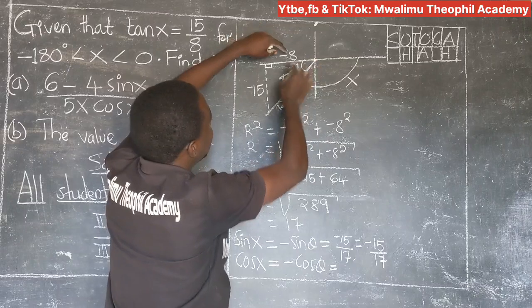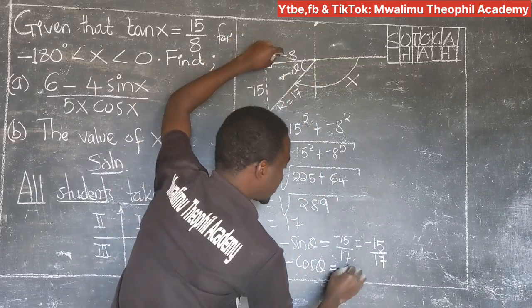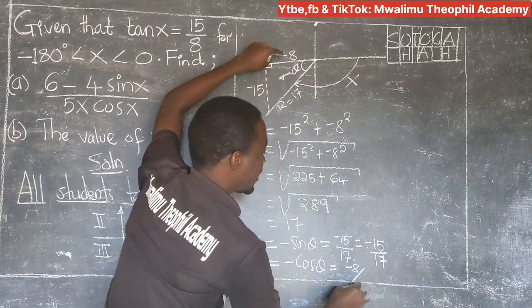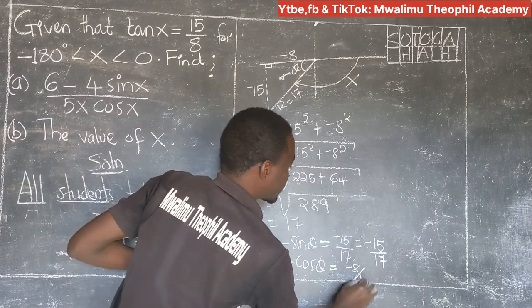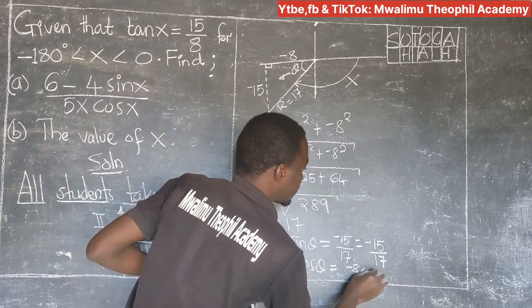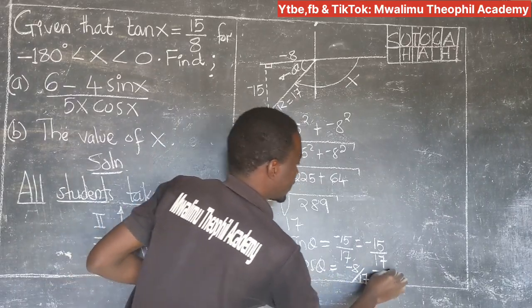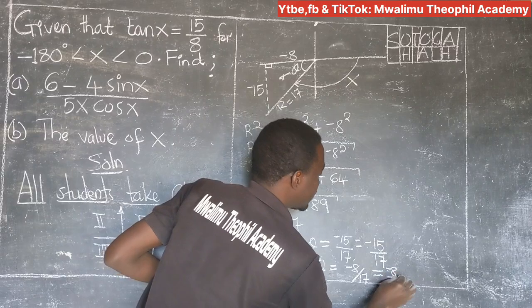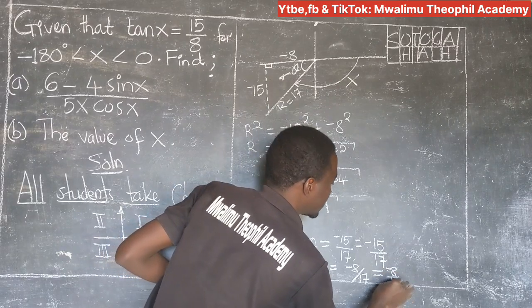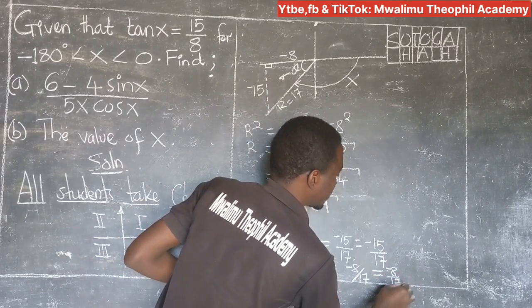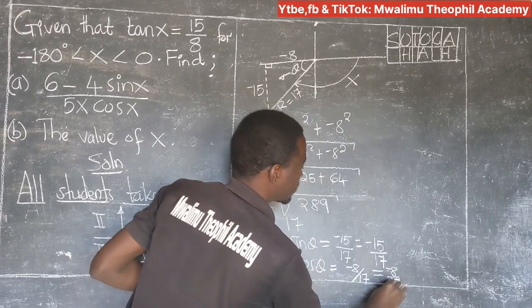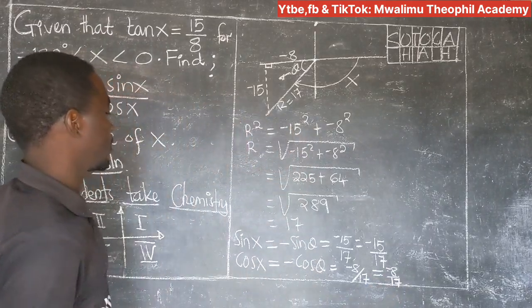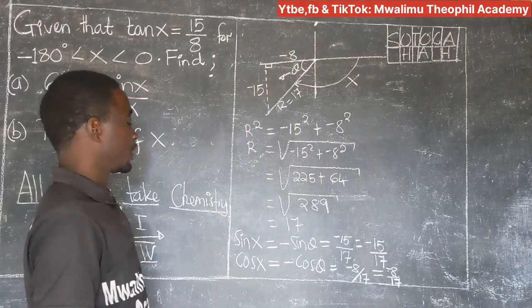Adjacent to angle theta is -8, divided by the hypotenuse, which is 17. So here we get -8 divided by 17, the value of cos x, which is equal to the value of negative cos theta.